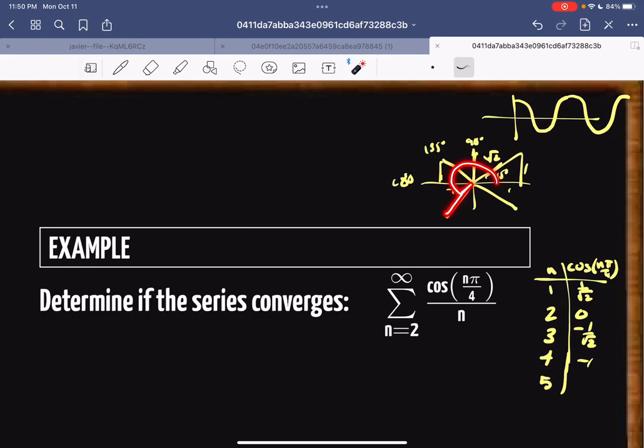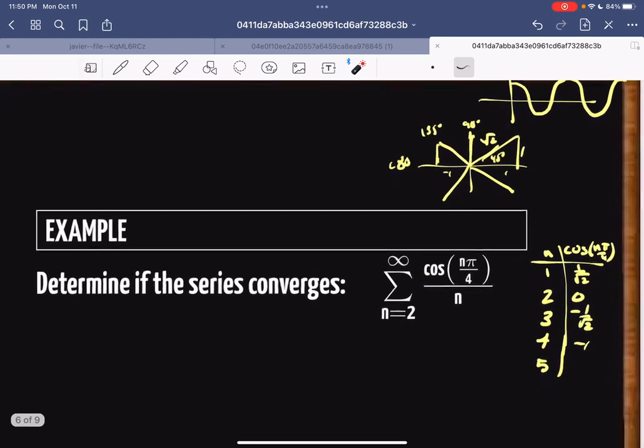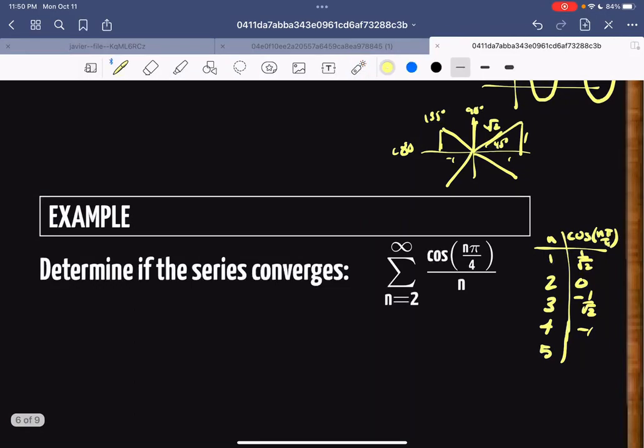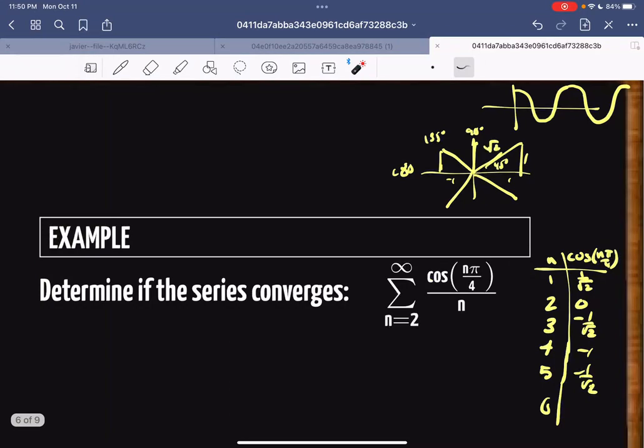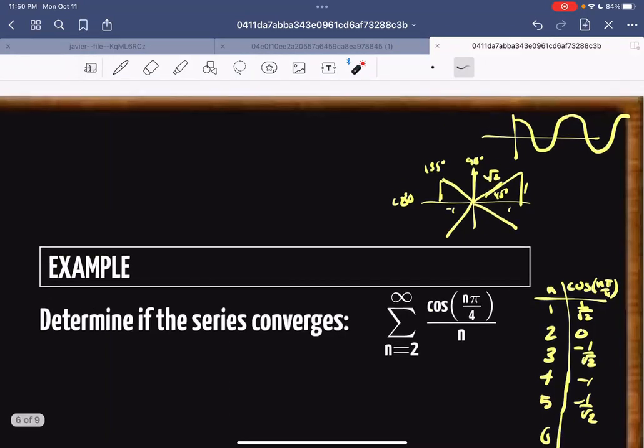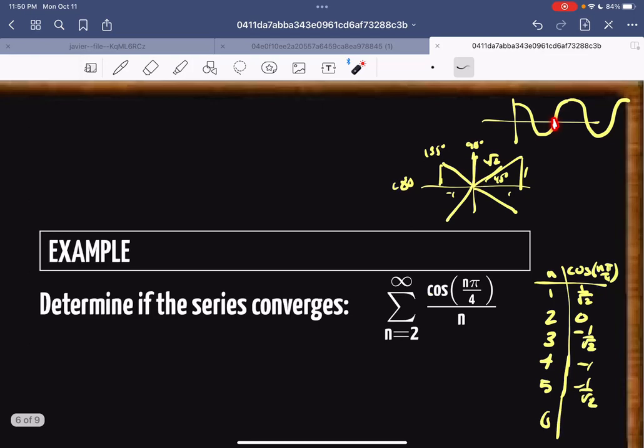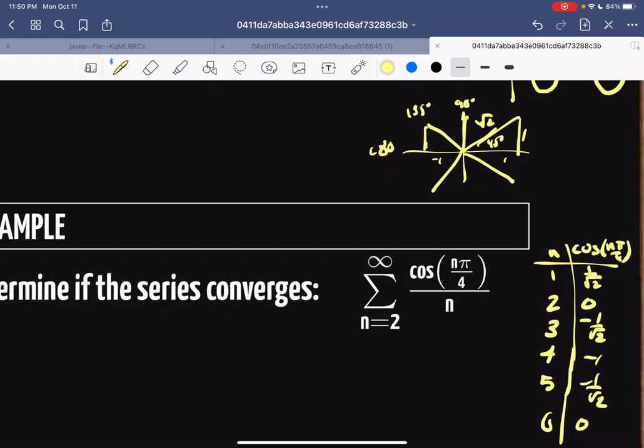That's going to give you negative 1 over the square root of 2. For 6, that's going to give you 3 pi over 2. That'll give you 0. And so on and so forth.